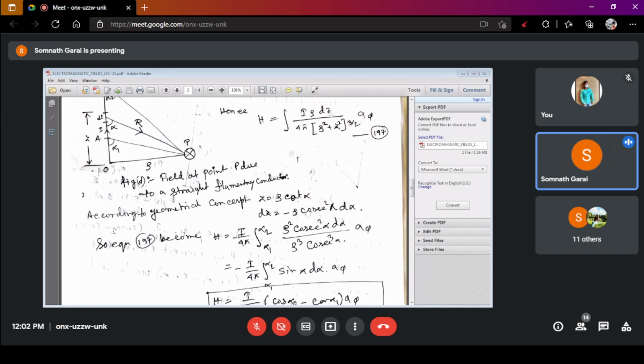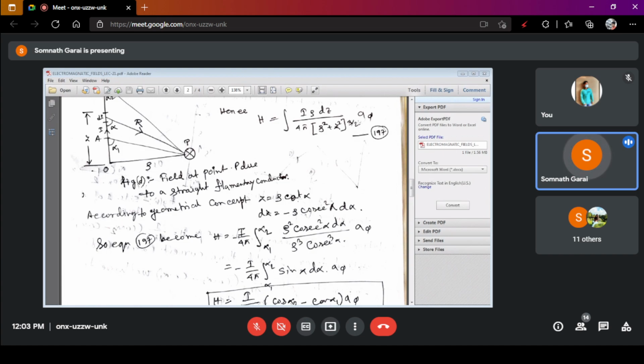Now, if we take rho square plus z square, z square is equal to rho square cot square alpha. From this equation, rho square plus rho square cot square alpha, if you take rho square common, then 1 plus cot square alpha, and 1 plus cot square alpha is equal to cosec square alpha, whose power is 3 by 2.